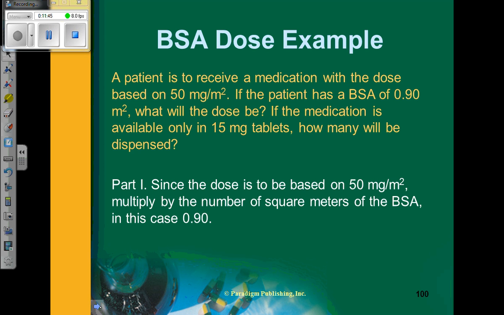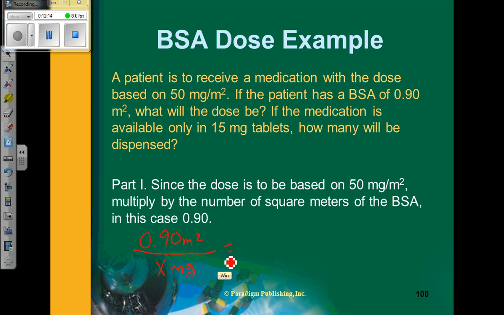So with part 1, since the dose is to be based on your 50 milligrams per meter square, multiply by the number of square meters of the BSA, in this case 0.90. I can set it up as a ratio proportion, so I'll just do that. So if you have your 0.9 meters square, I'm trying to find your dose, X milligrams.